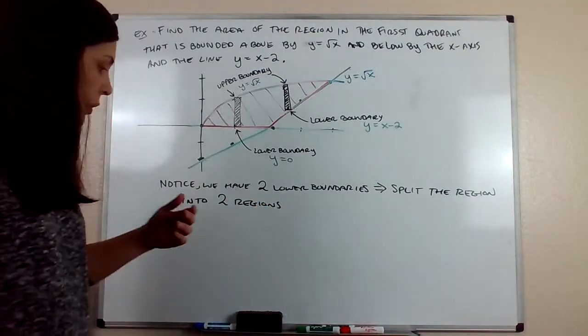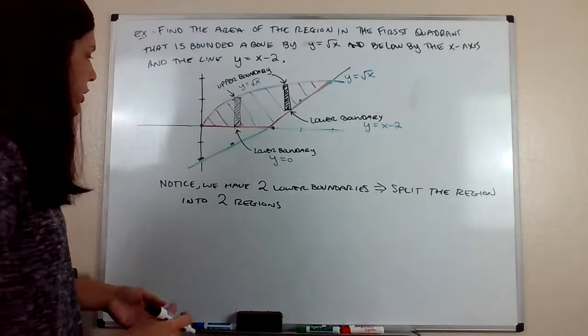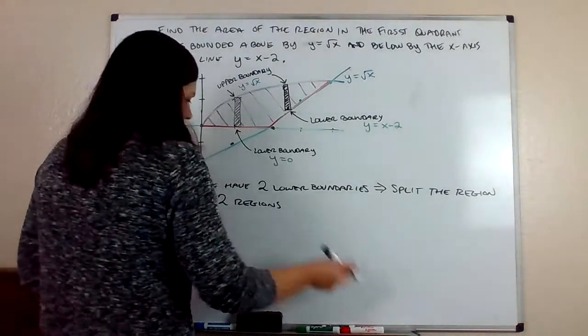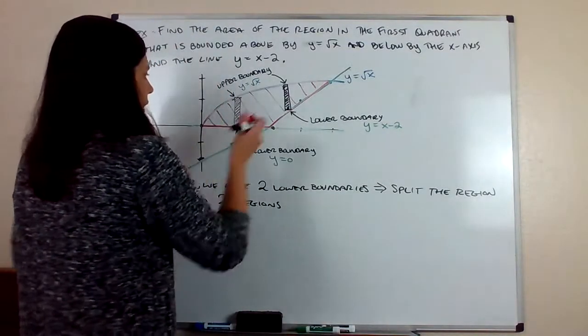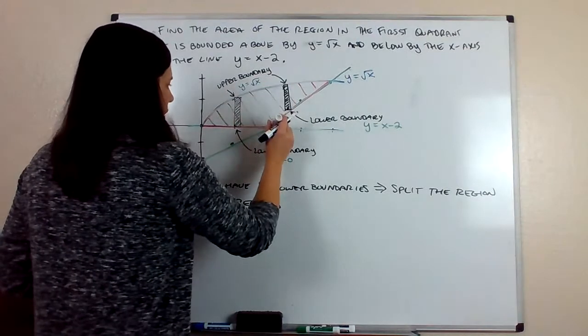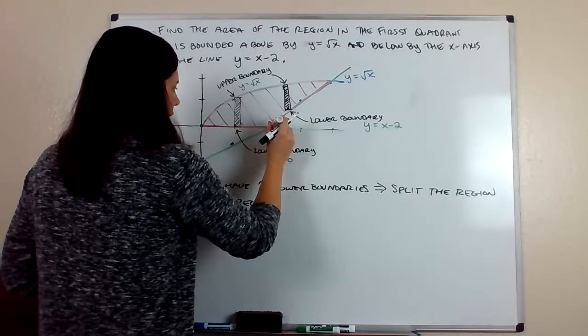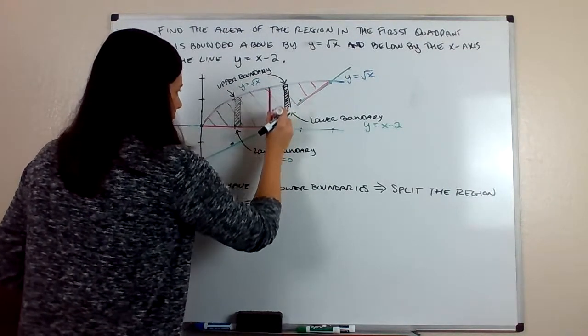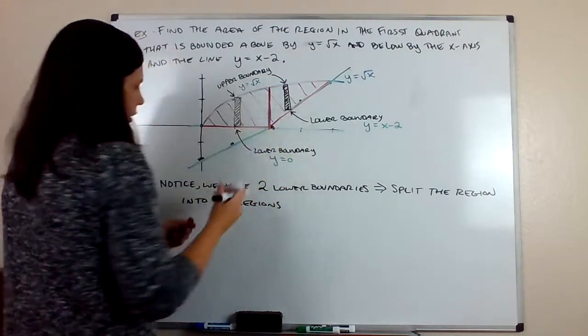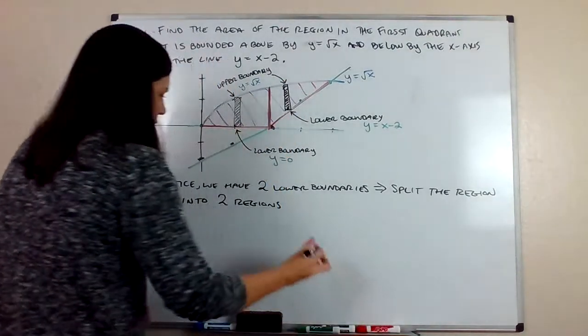We split it where it changes, right at the switch, right where the line and the x-axis meet. We have to split.